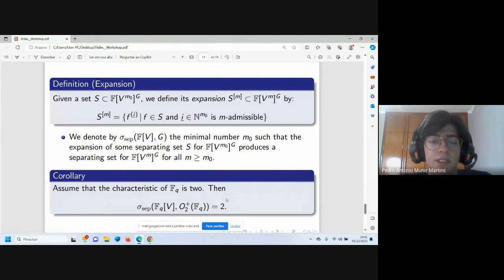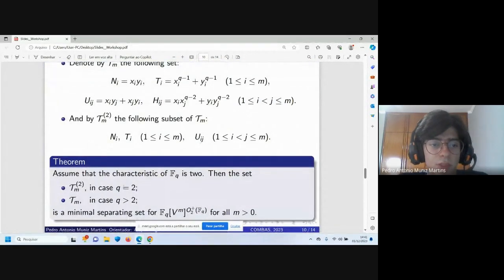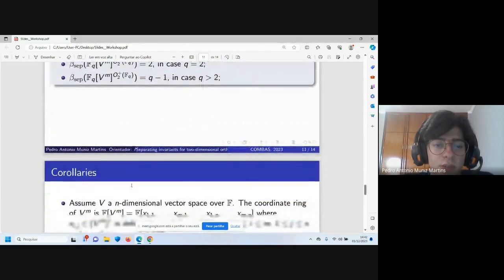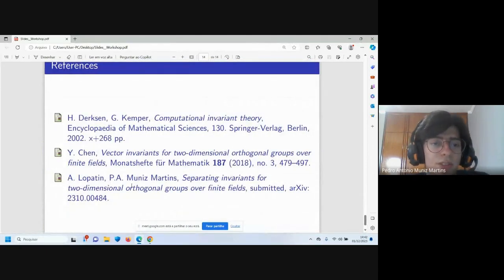And this is really good because it confirms our results: we just need to consider the case where we have two copies of the space, and if we can find a minimal separating set in this case, we can just make an expansion of the set and obtain a minimal separating set for any number of copies that we want. It's just this. Thank you for the attention, and here are some references if anyone is interested more in the topic. Thank you.